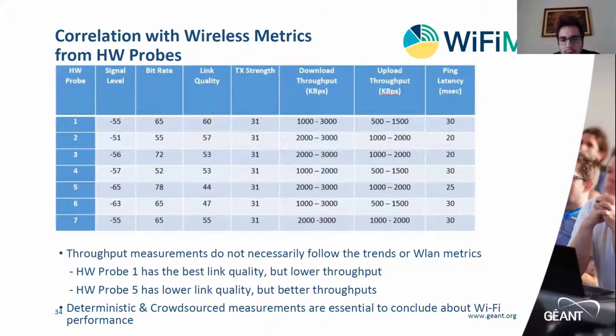Also, in the 5th line, the hardware probe 5, you can see that the link quality is less than the other probes, but the throughputs are better. So this is an important conclusion that deterministic measurements alone cannot reach essential conclusions about the Wi-Fi performance. We also need the crowdsourced measurements.